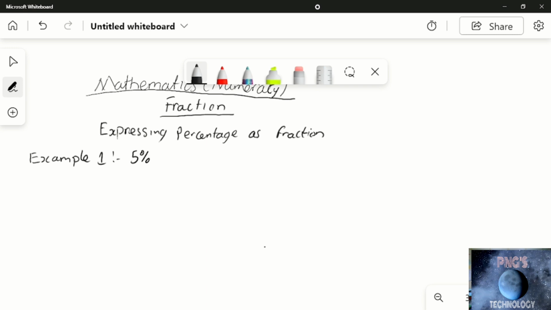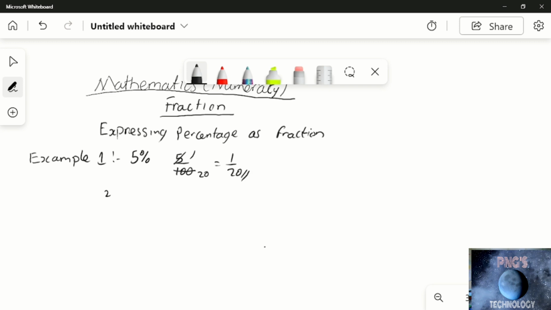How can we say 5 percentage as fraction? Remember, percentage is over 100, so we can say this is 5 over 100 percentage. So what number can go? We can say 5. 5 in 5, one time. 5 in 100 will give us 20. So our final answer is 1 over 20, and that's our answer.